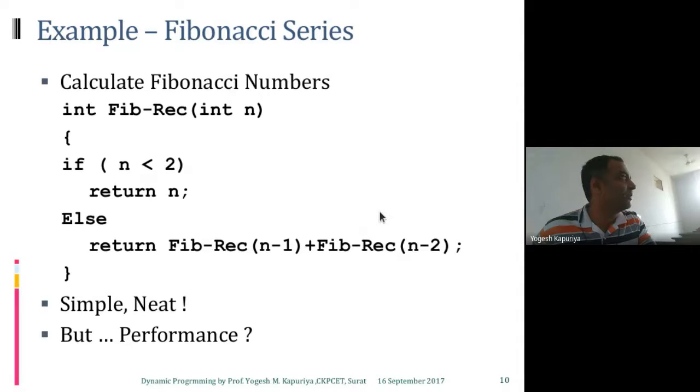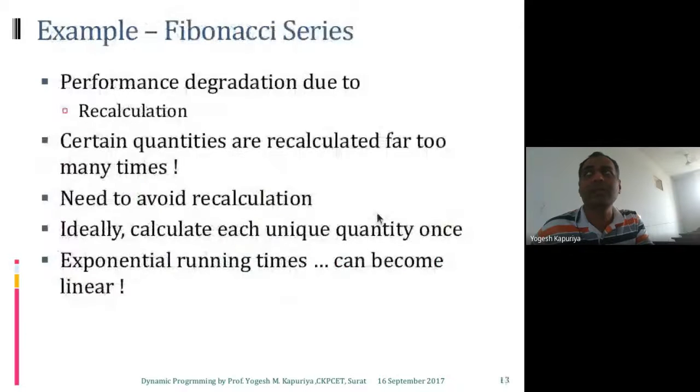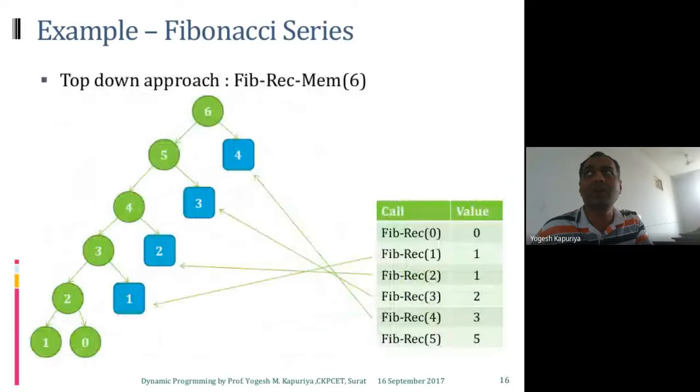So then it comes for 0. In a graph, whenever you are making a call, 6 will make a call to 5, 5 will make a call to 4. If I construct the tree, this is how it's going to be constructed. 6 will make a call to 5, 5 will make a call to 4, 3, 2, 1.